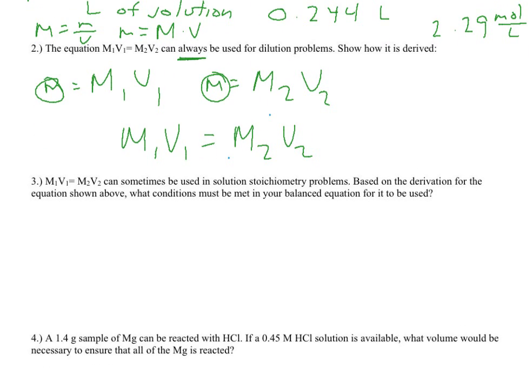Since this derivation required that moles were equal, we can sometimes use it for solution stoichiometry. The only time we could do that is when we're talking about two reactants in solution, like a precipitation reaction, where we need moles to be equal.